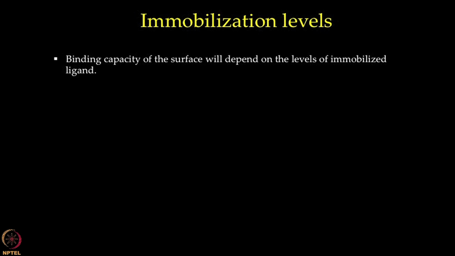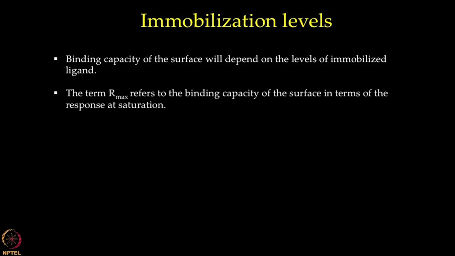The binding capacity of the chip surface will depend on the levels of immobilized ligand. The term maximum response, referred to as Rmax, is described as the binding capacity of the surface in terms of the response at saturation.